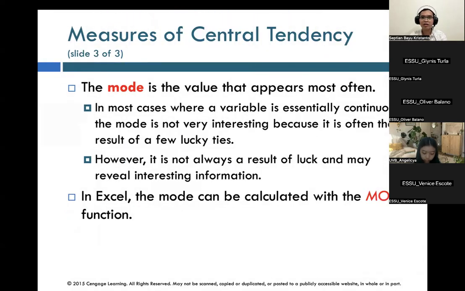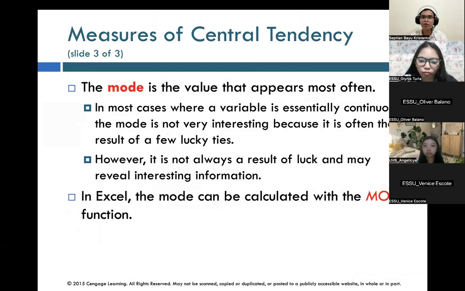The next measure of central tendency is a simple statistic called the mode. The mode is the value that appears most often in your data. Sometimes we can find a mode, but most data are random, so there is no mode or no specific mode in our data.